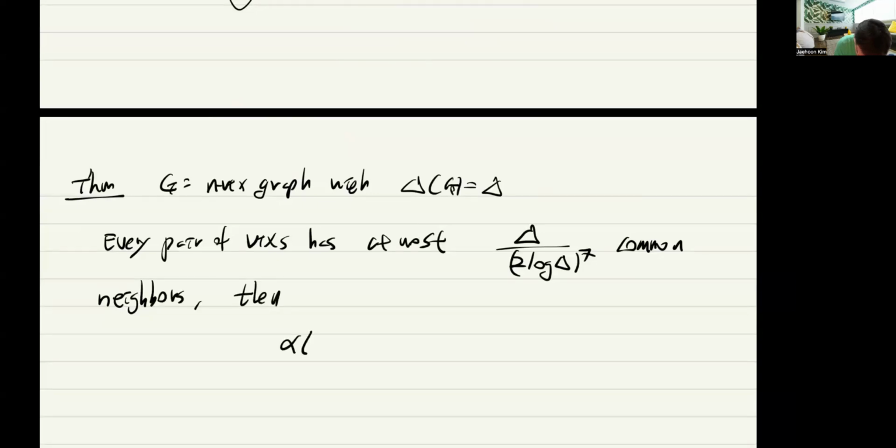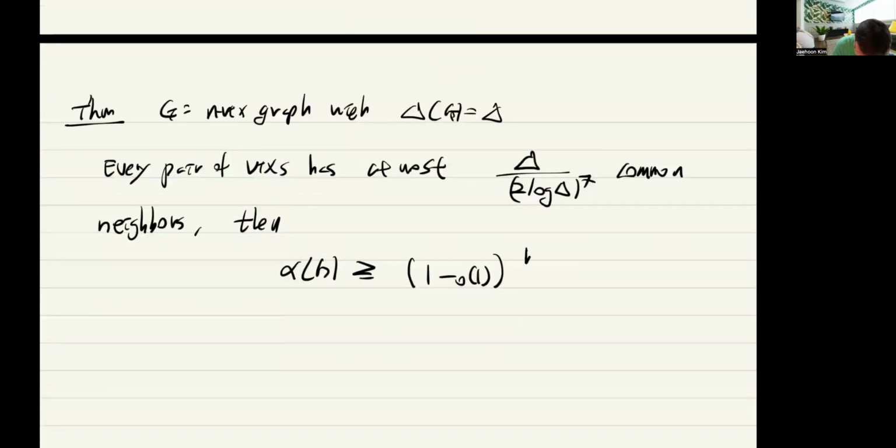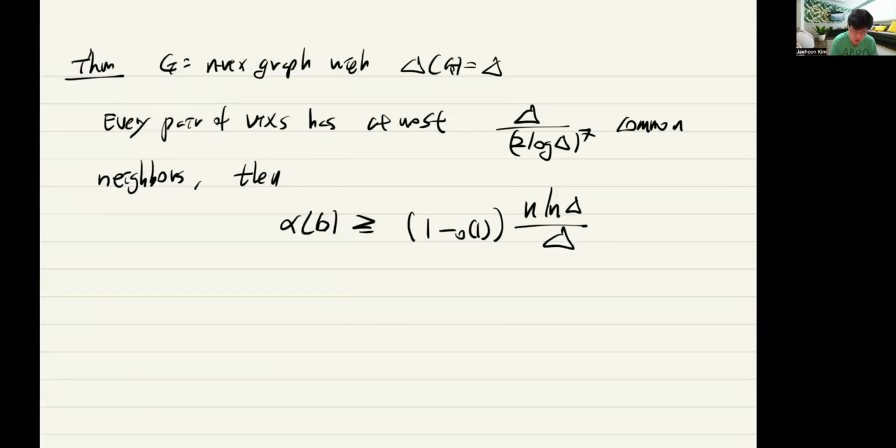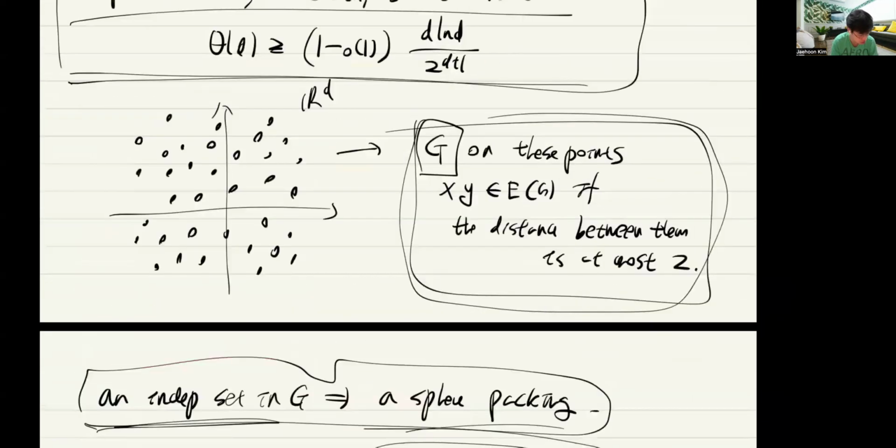Then they show that the largest independent set has size like this. And from there, you can deduce the sphere packing density lower bound.